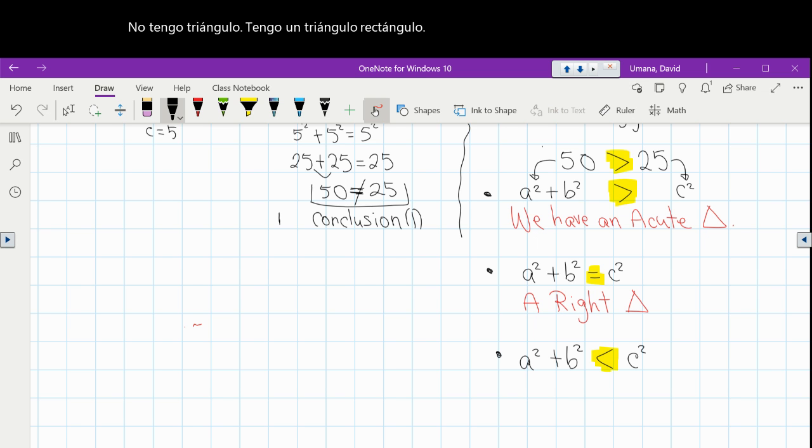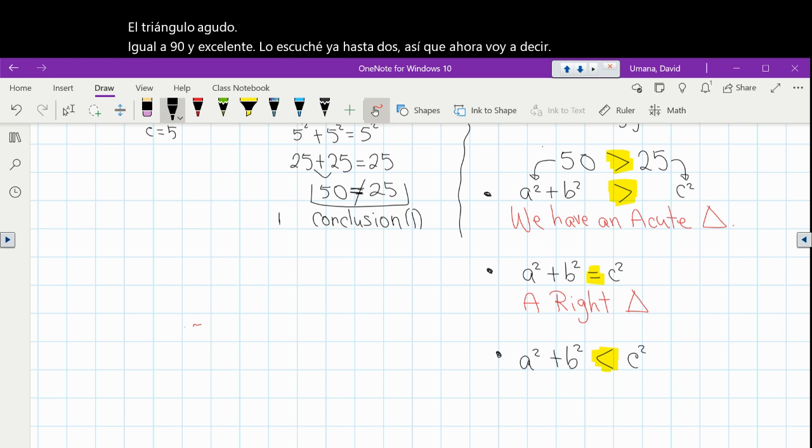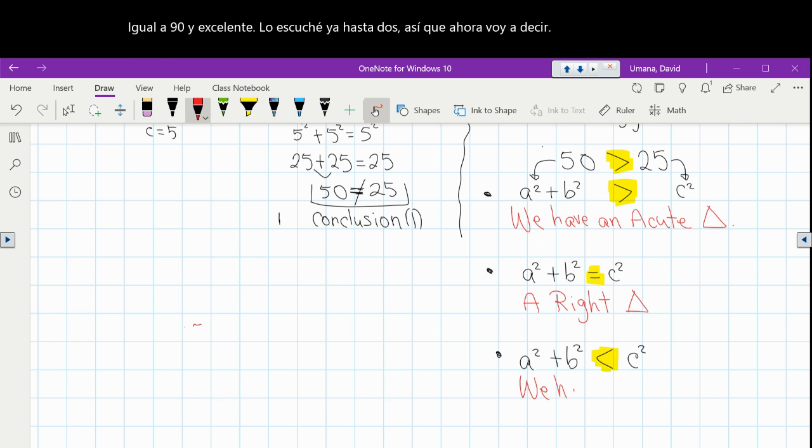Anybody know another kind of triangle? There are acute triangle, less than, equals to 90, and excellent. I heard it already? Obtuse. Obtuse. So now I'm going to say we have an obtuse triangle.